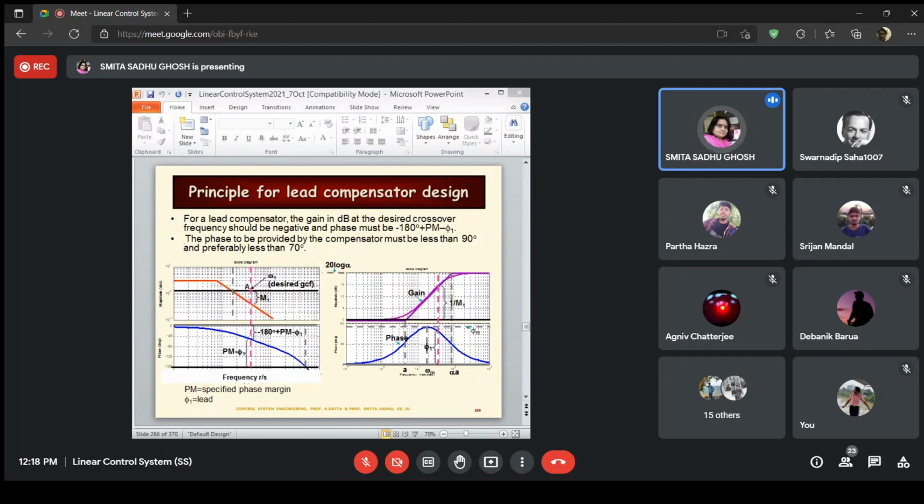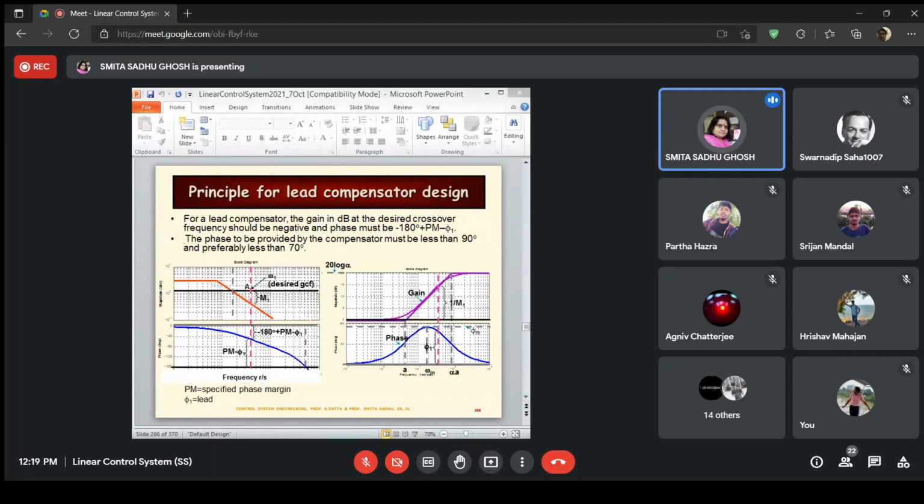This plus something is not going to give me the gain crossover frequency, because at gain crossover frequency the magnitude would essentially have to be 0 decibels. That is the gain crossover. Crossover means where the 0 decibel occurs. Gain is 0 decibels, right? So the desired gain crossover frequency, using a lead compensator, cannot be placed within this range over here, right?